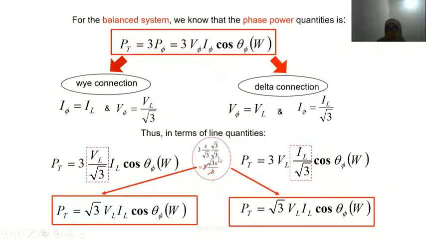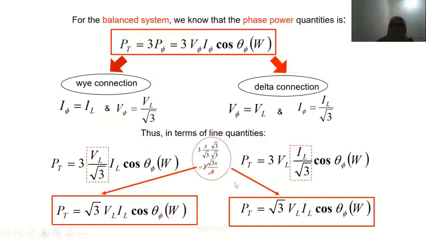Then you can cancel out the 3, dividing by 3, and finally you get only square root of 3. Your final equation is the same as for the Y connection system: for the delta connection, P total is also square root of 3 VL IL cos theta.